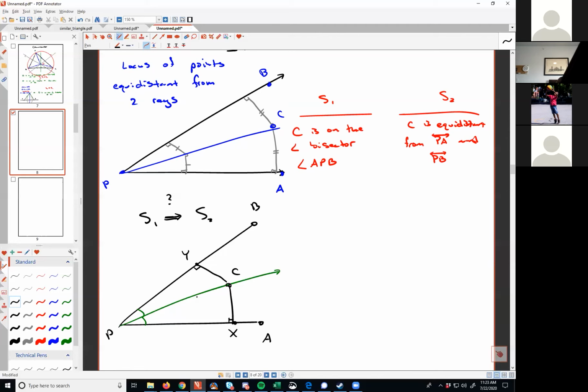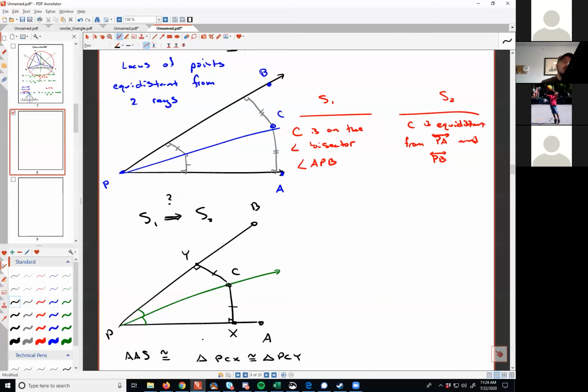We have two angles and a side. So by AAS congruence, we have PCX is the same as PCY. And because of that, we have that is the same as that. So C is equidistant from the two lines. That's the perpendicular distance, which we already proved today was the shortest distance from a point to a line.